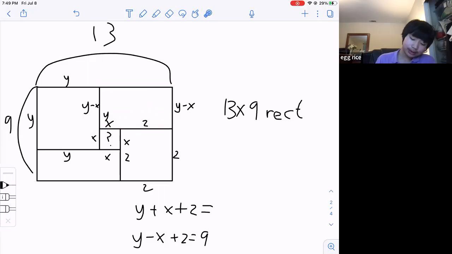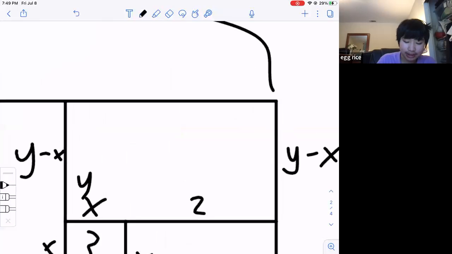Okay, since we know that this length here plus this length here must equal the total length of this rectangle side, we know that this length is x plus z, and therefore, because it's a rectangle, this length is also x plus z.